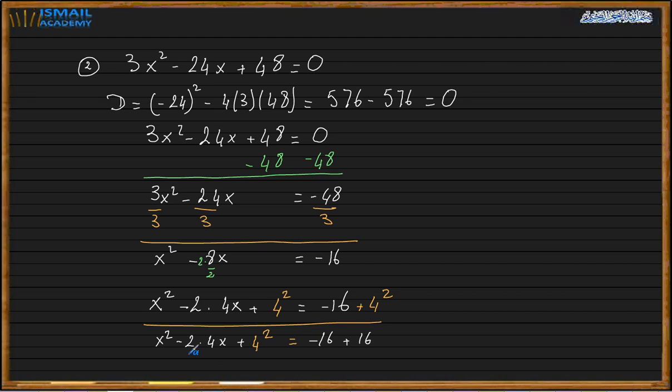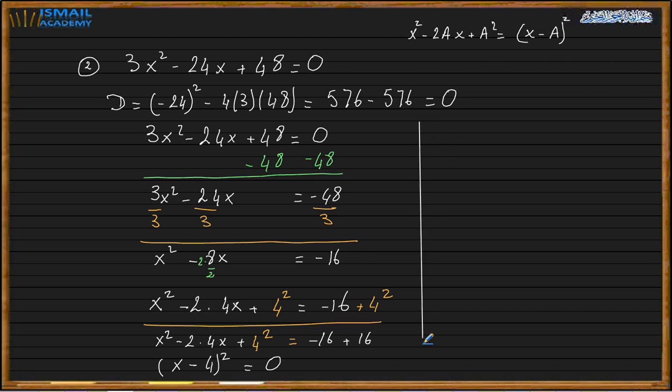So here is my perfect square. You see here is a minus. So we know that x squared minus 2ax plus a squared is x minus a squared. So here it becomes x minus a, which is 4, squared, and this is equal to 0.